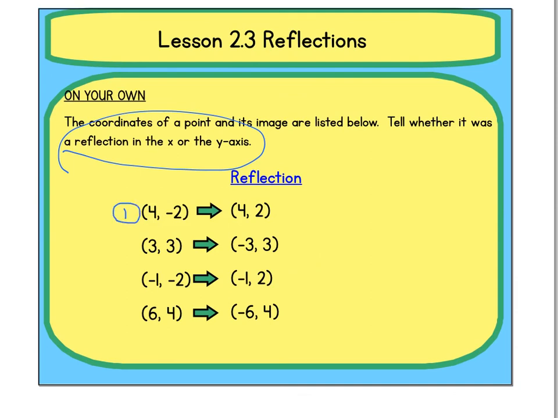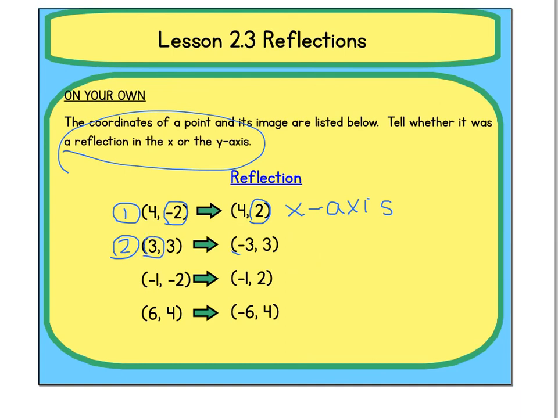So on the first one, which value changed? Did our x change or did our y change? You'll notice that our y changed, which means we reflected across the x-axis. On number 2, which one changed?